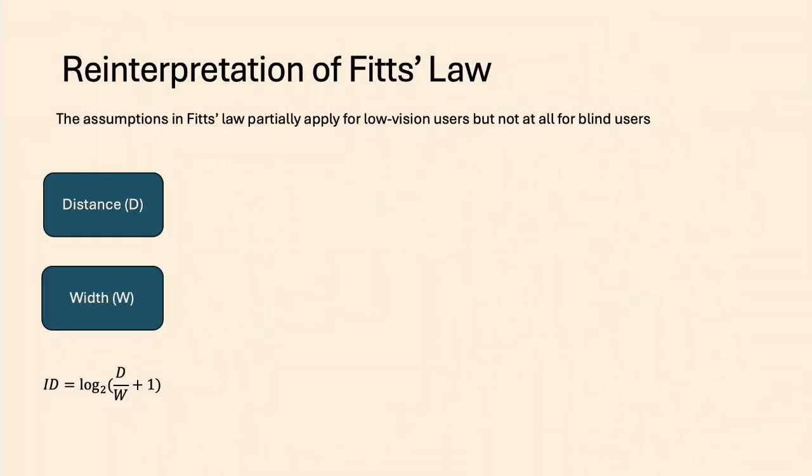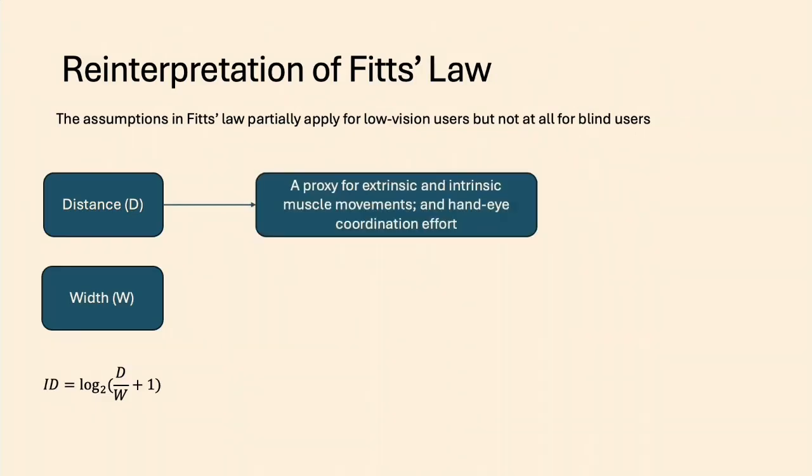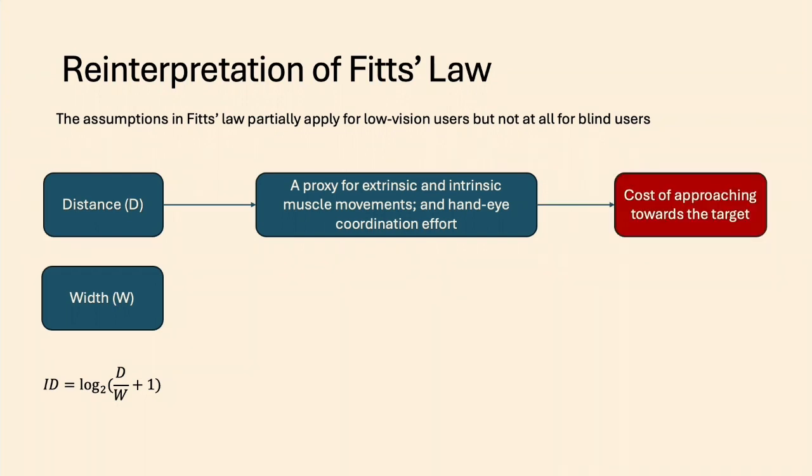Okay. I think I made a case that we need some modification of the law. So here is how I see the reinterpretation of our law. The distance that Fitts gives is nothing but a proxy for an extrinsic or intrinsic muscle movement or hand-eye coordination effort.